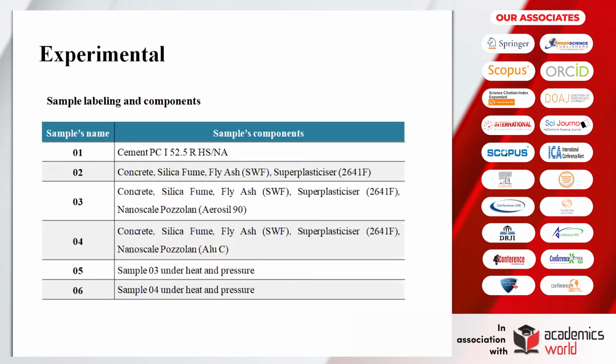In the third one, we have added nanosilica, represented by aerosil. In the fourth one, we have used nanoalumina instead of nanosilica. And samples 05 and 06 are samples 03 and 04, but here we have used high pressure.